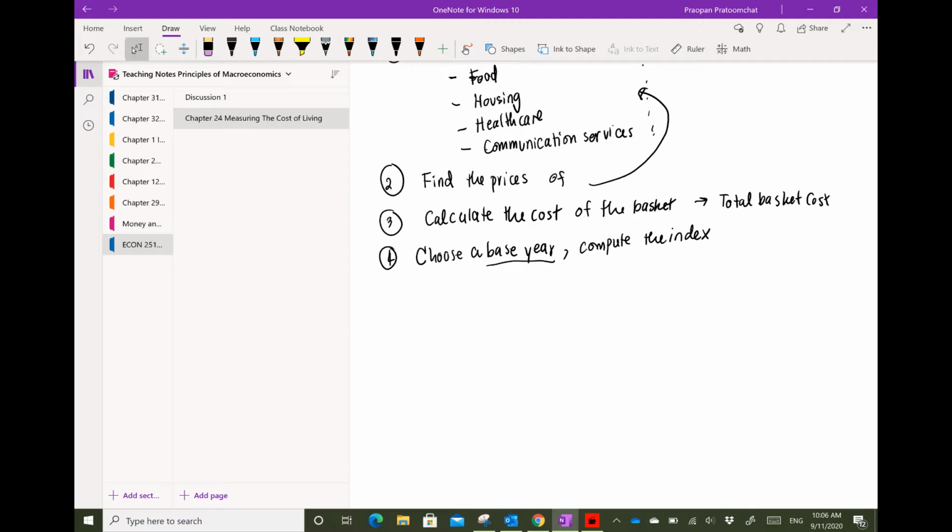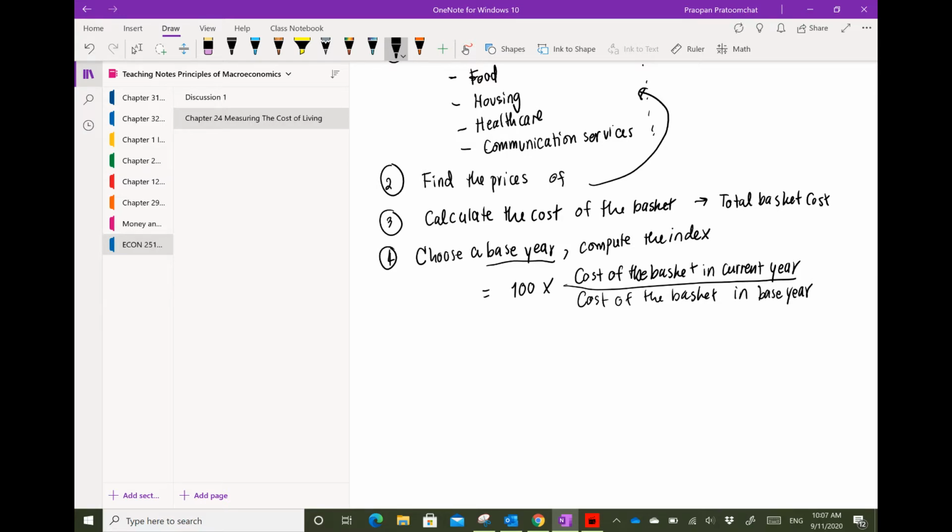CPI in any year can be computed by 100 times the cost of the basket of that year that you want to calculate CPI, divided by the cost of the basket in the base year, right?